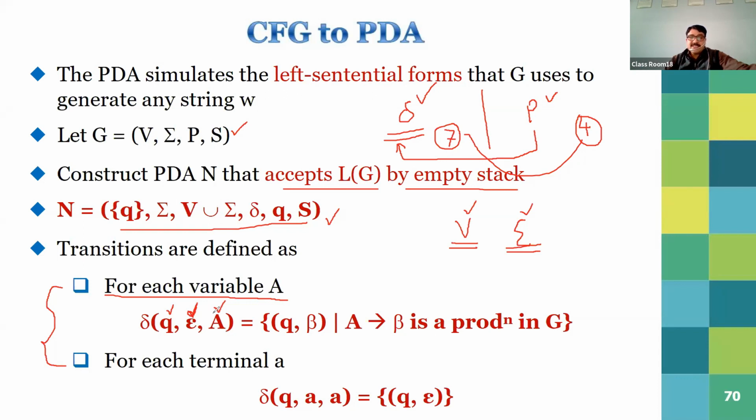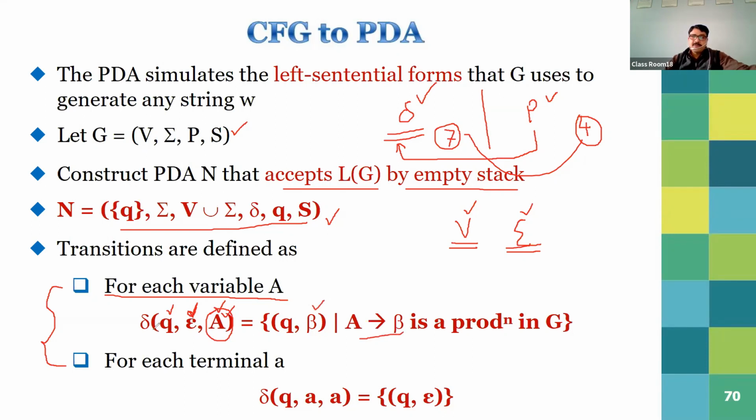This A is the variable that you stored in the stack. And now, you must write the production, or the name of the variable or terminal that is produced by A. Is this okay? Because this beta is produced by A. That's why I am writing beta here.